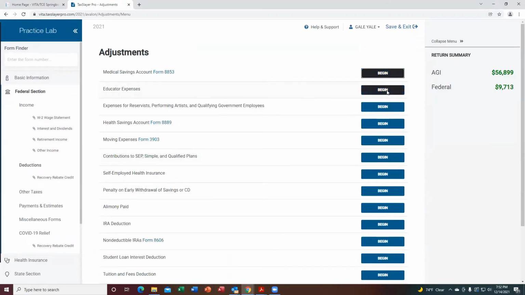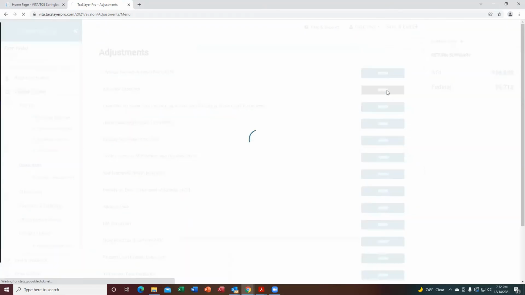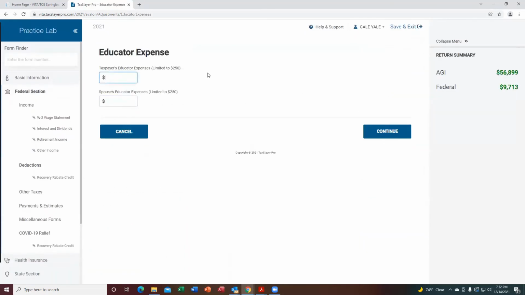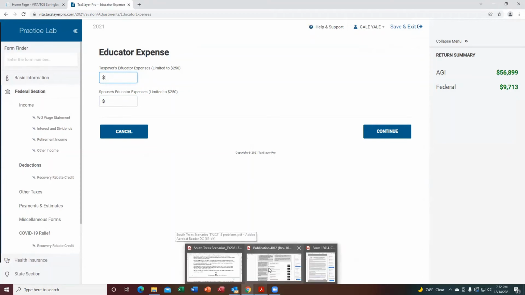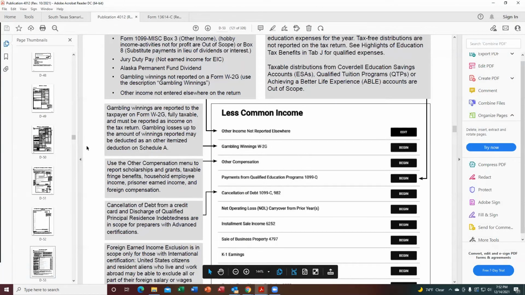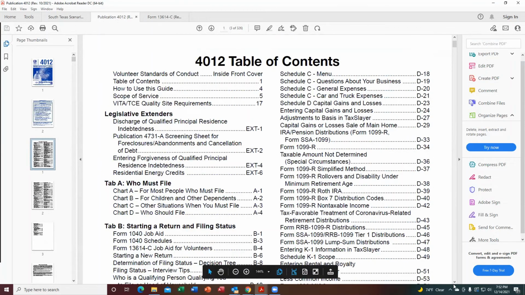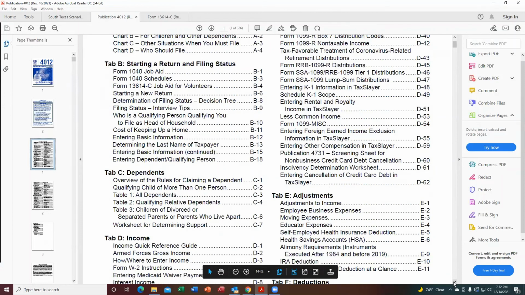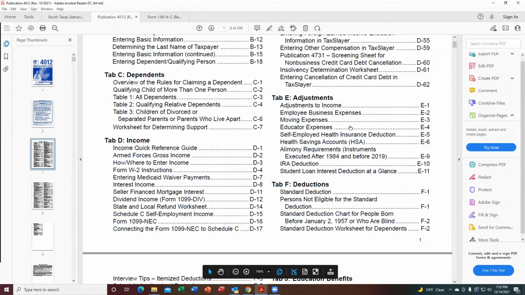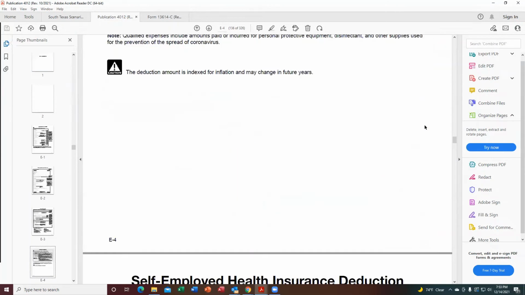So educator expense. And let me go back in here. The adjustments section is tab E, and there's your educator expense.